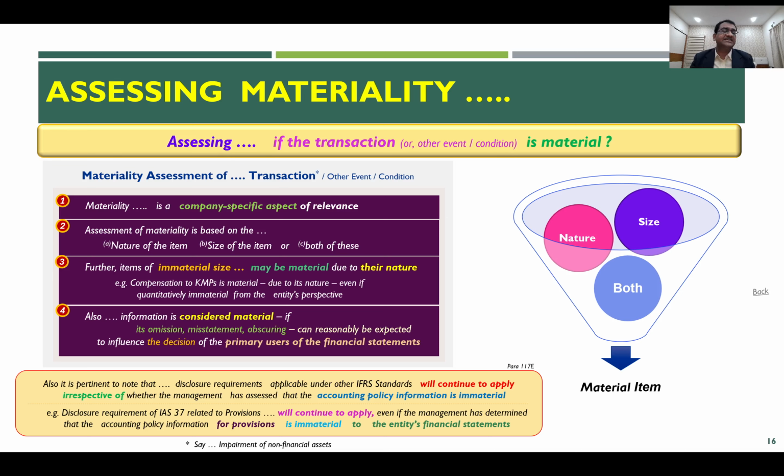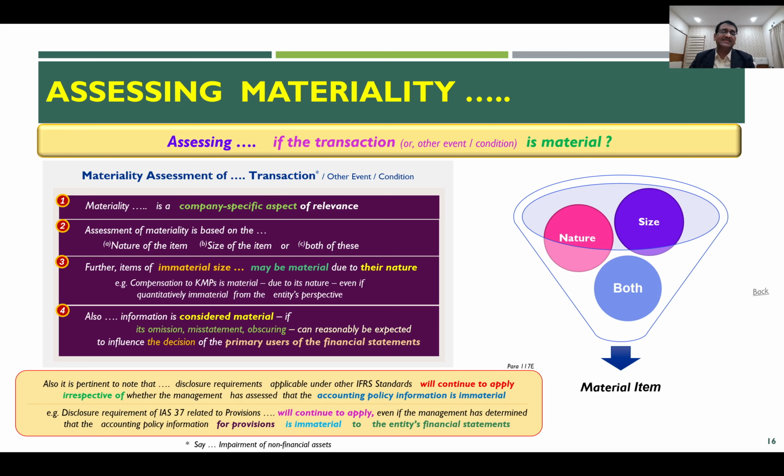Also, paragraph 117E of the standard says that disclosure requirements applicable under other standards will continue to apply, and you apply these requirements only for the limited purpose of determining which accounting policy is material, which warrants disclosure in the notes.